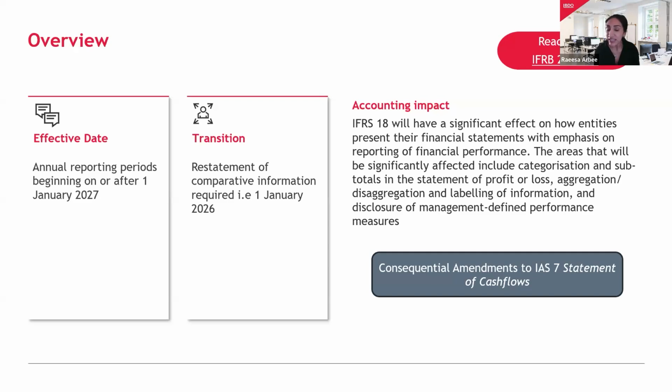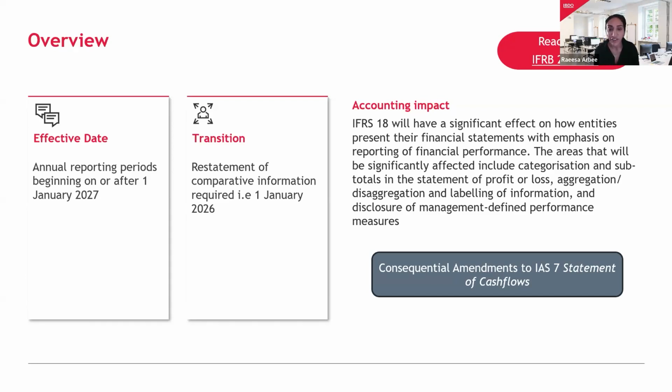Now, the new standard doesn't deal with recognition and measurement, so that's good news. It's really making changes to the look and feel of the financial statements, in particular, the statement of profit or loss. Now, the IASB embarked on this project really to increase transparency and comparability within the financial statements. And when we talk about some of the changes, we'll come back to talk about how they really achieve those objectives, being transparency and comparability.